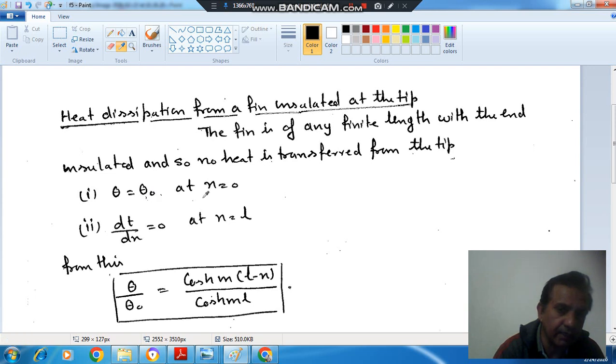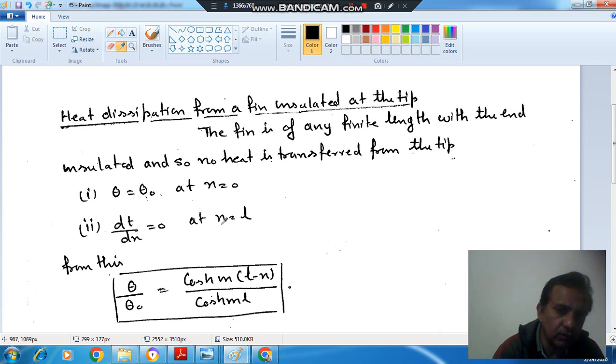And the second boundary condition is, because the fin is insulated at the tip, dT by dx is equal to 0 at x is equal to L, at the end of the pin.